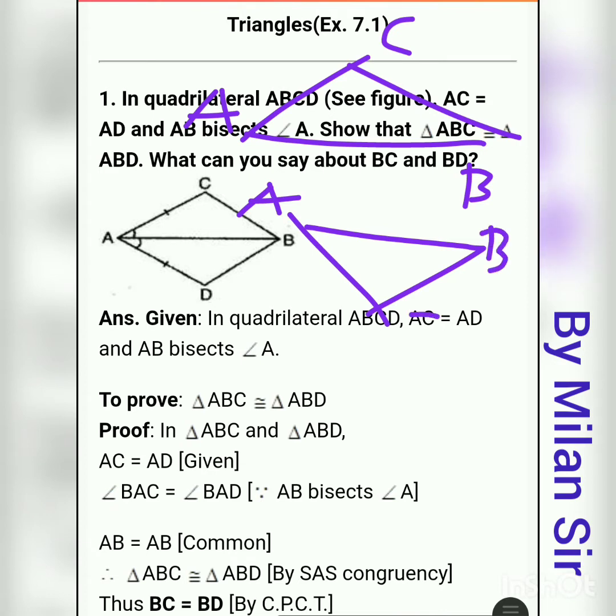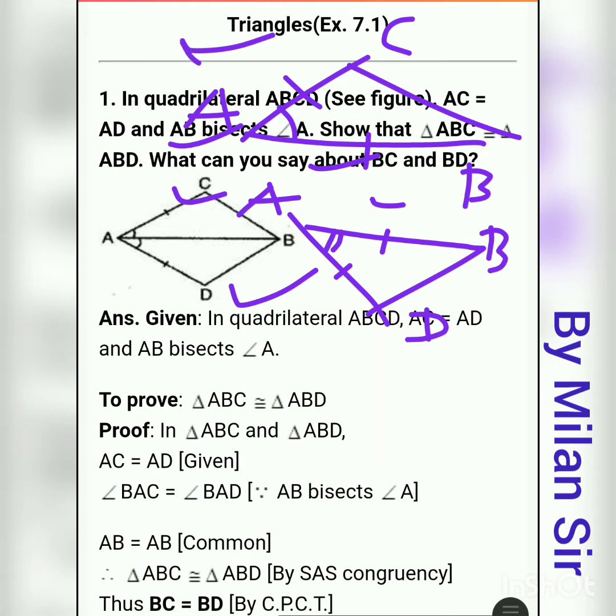Now in these two triangles, these sides are the same, right? AC is equal to AD. These two angles are the same because AB bisects angle A, right? So it divides into two equal parts. And if you look at these two triangles, AB is the same because AB is a common side, right?